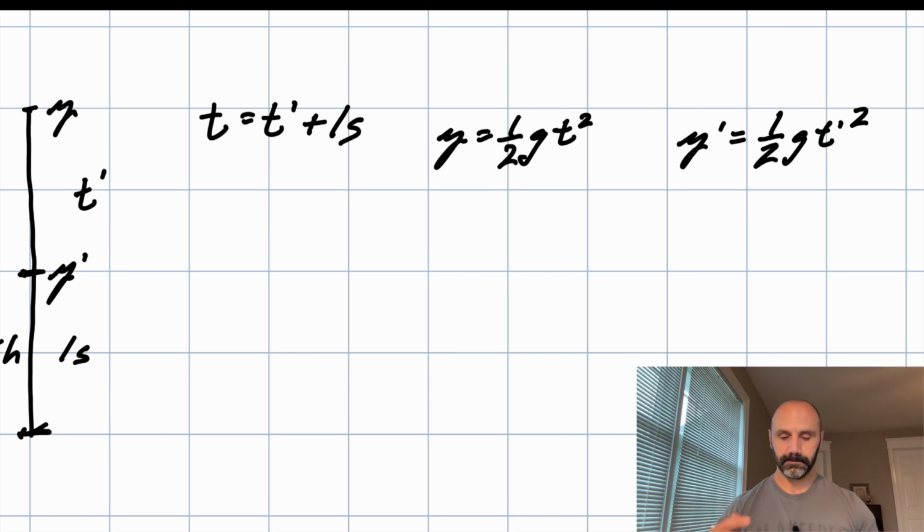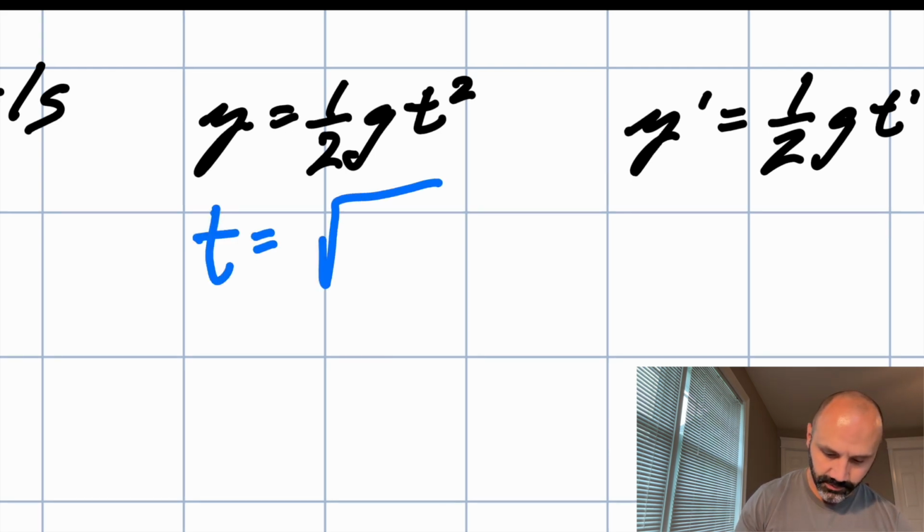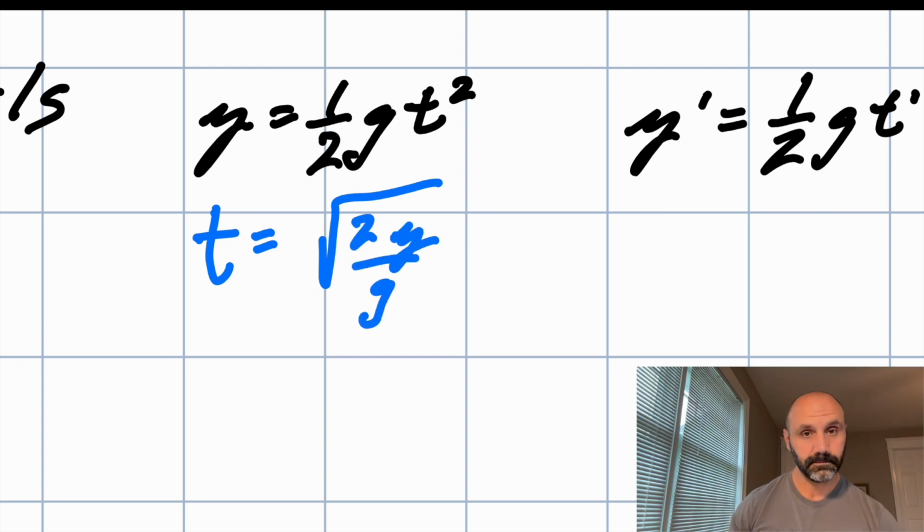Now watch what happens. I'm going to solve both of these for t, and I'm going to skip some of the algebra. So t equals the square root of 2y over g. Okay, good.